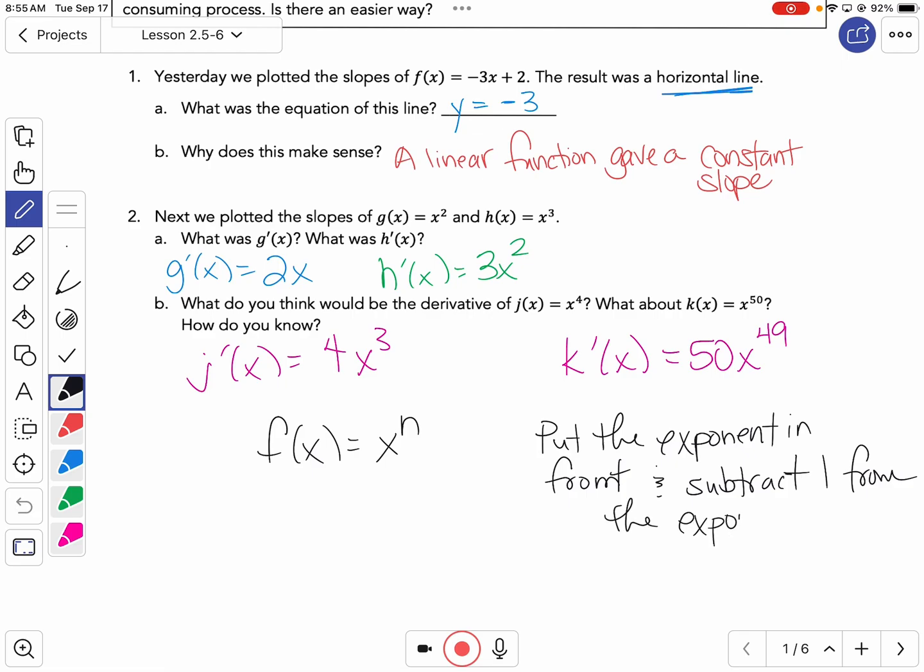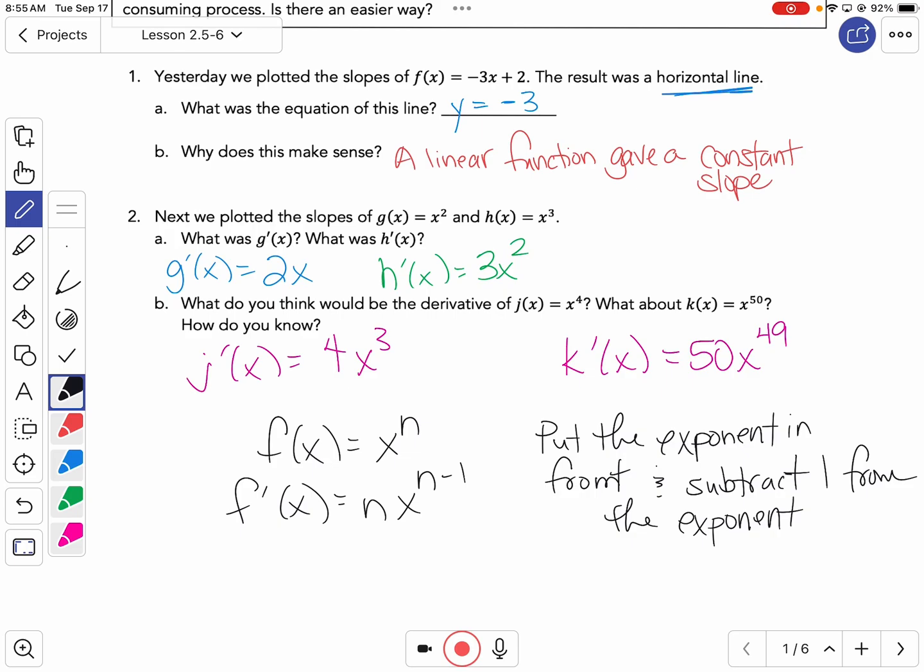Congratulations, that's the power rule. Parker went there, n times x to the n minus 1. That's the formal expression of the power rule, but that's exactly what it is.